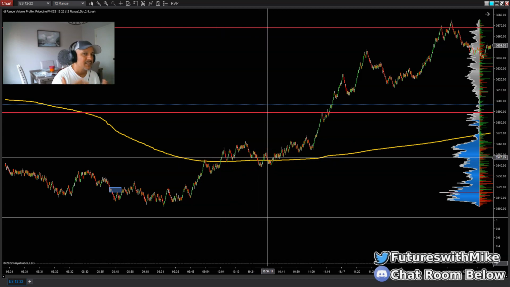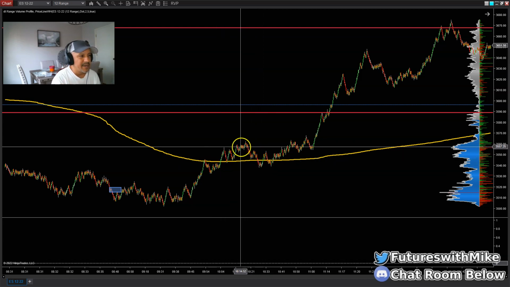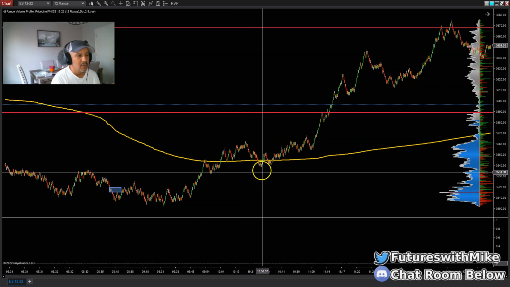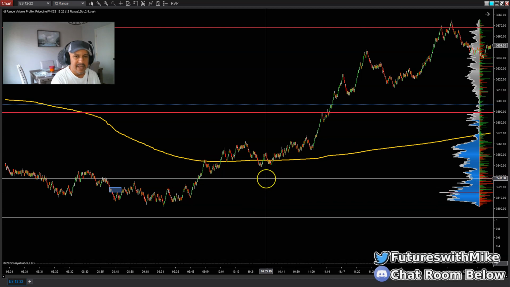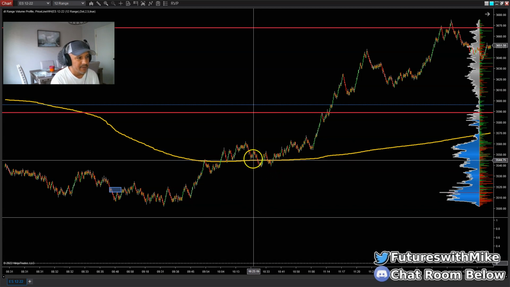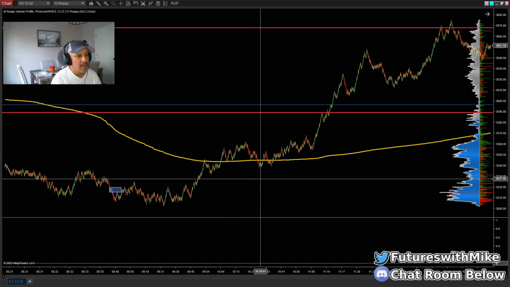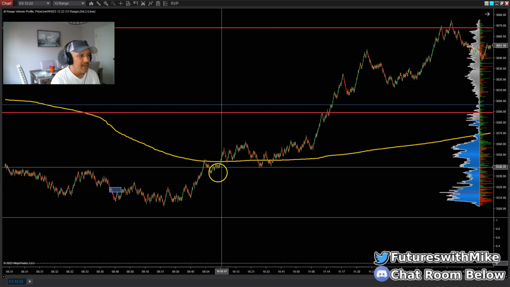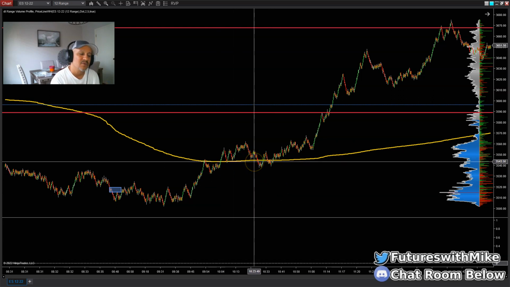I'm going to be looking to possibly go short, because the thing about it is price didn't pull too far down and start breaking lower lows and lower highs, basically breaking structure, breaking through the VWAP and pushing lower, with a continuation of that pattern to the downside. It basically pulled back. I'm just using this as a reference, okay? And we'll talk about and show some examples as well.